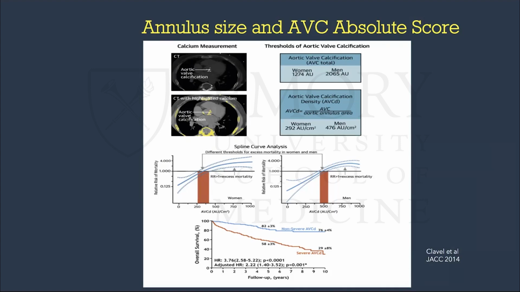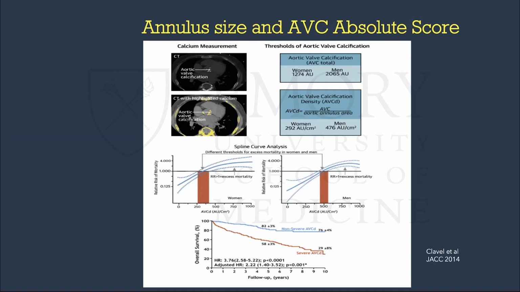So this is where the future implication for diagnosis could be, where future changes may come. This is a metric called aortic valve calcification density. It basically divides the aortic valve calcification that we get by the aortic annulus area. This way we index for the annulus area, so we avoid comparing valves that are drastically different in size.